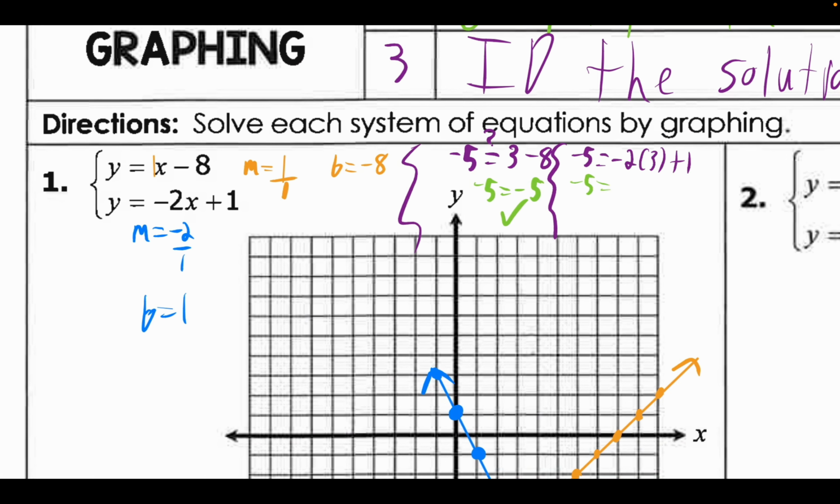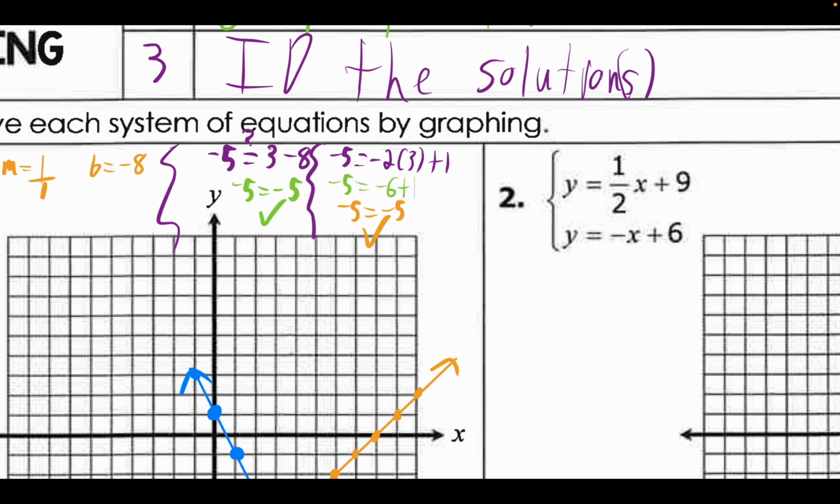And it's -5 equals -6 plus 1, which is in fact -5 equals -5, and this does verify to be accurate. And so because it worked in both equations, it is the solution. If it were to work in only one equation or neither equation, that means we did something wrong and it's not actually the solution. Now, I'm not going to require that you check your work on these, but it is always an option available to you.